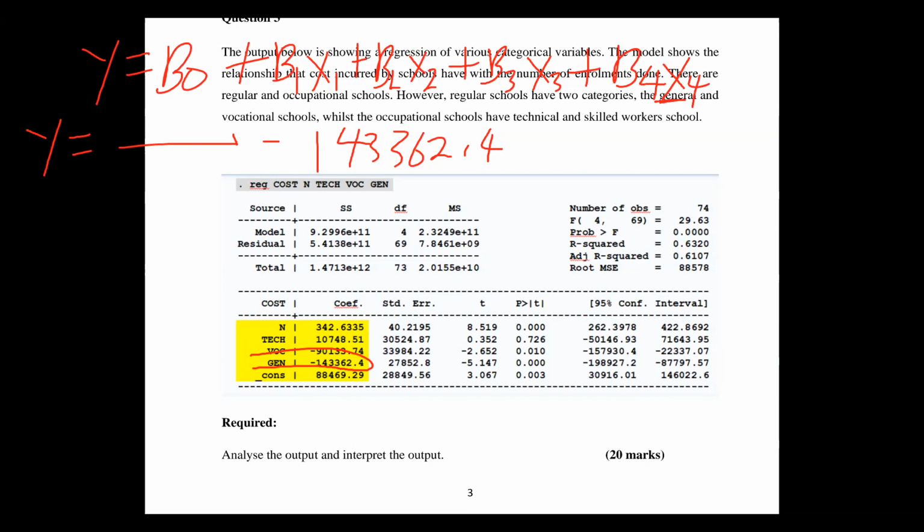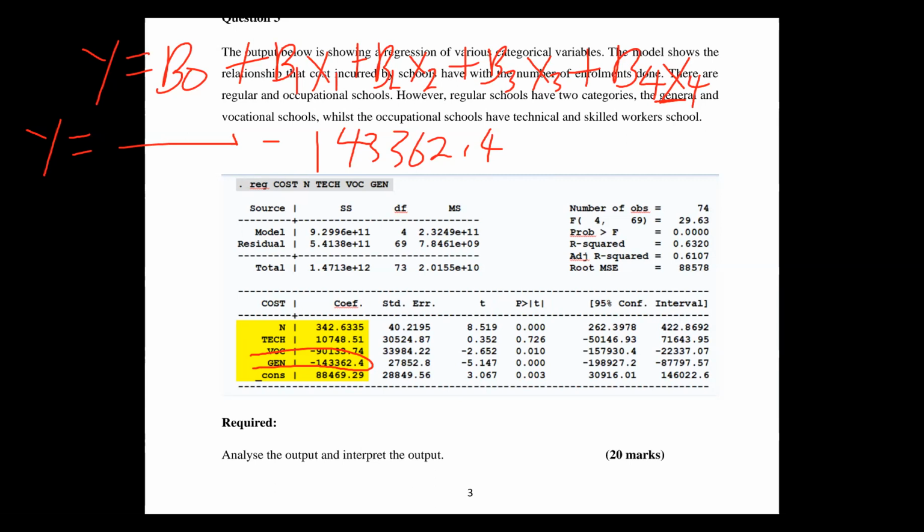As you increase the number of enrollments by adding 1 extra student, the total cost reduces by 143,362.4 units. Is that clear? So as you increase the variable in general schools, the cost reduces. You got it, right?